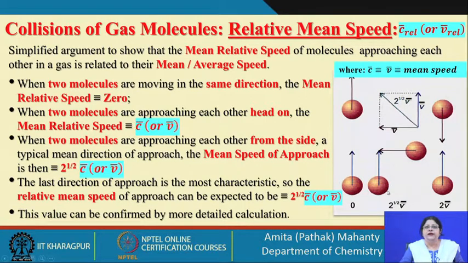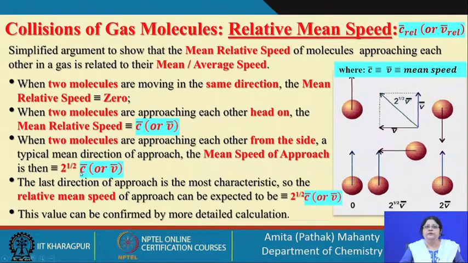Taking the Pythagoras theorem, the relative mean speed of approach becomes under root 2 times the average speed. So, this is the average speed, this is going to be twice the average speed, and this is going to be 0. Twice the average speed is when they are coming head on.